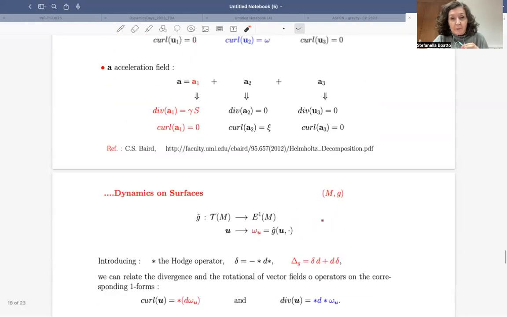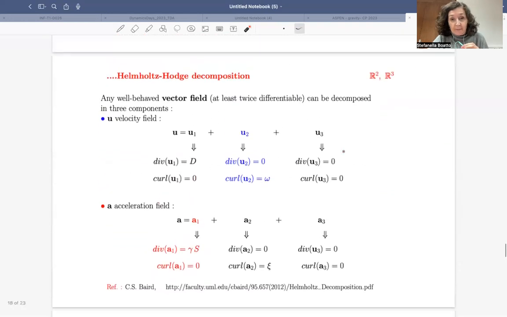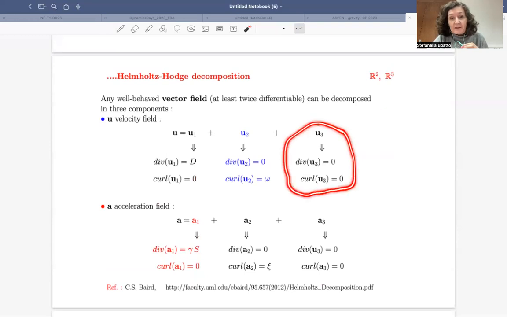So here we see that there is an ambiguity about this harmonic part, because it's actually not a unique decomposition, because we can always add this third component to one of the other two.